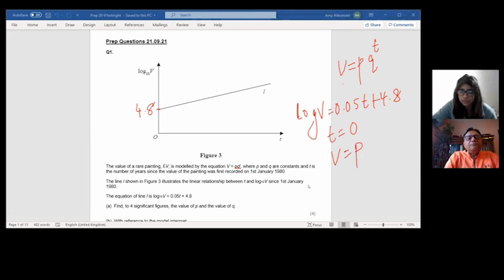That means log to the base 10 of V, we know, is 4.8, correct? So at T equals 0, V equals 10 to the power of 4.8.